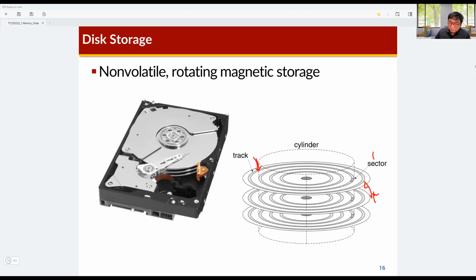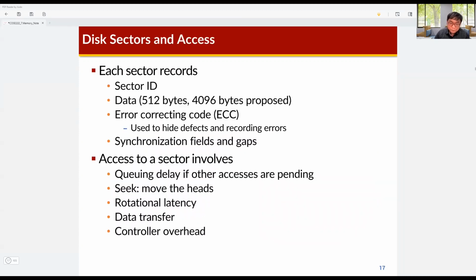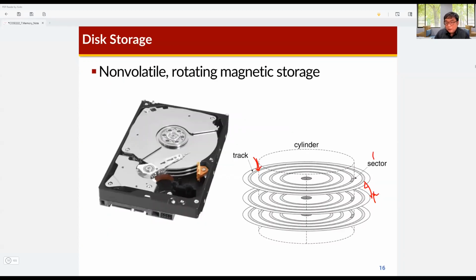As you can see, this is the photo of the HDD, and you can find that this platter rotates in one direction, and this arm changes the location of the head over this platter. So actually the HDD has a mechanical part. That's why HDD is very slow.